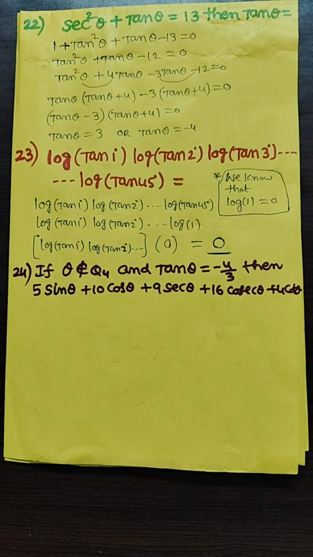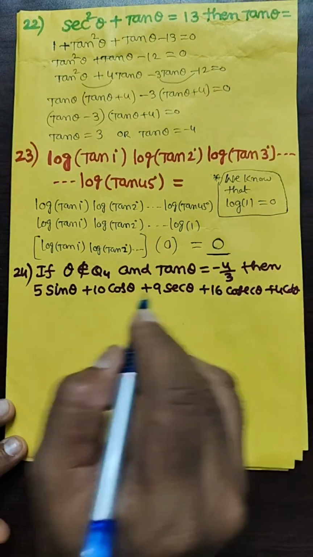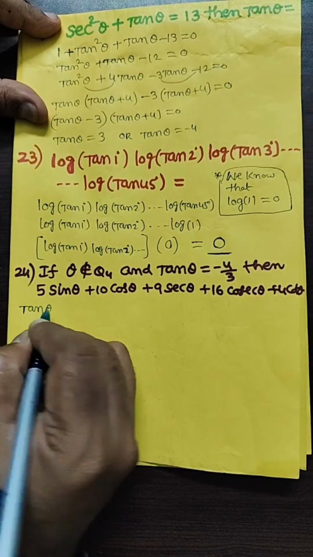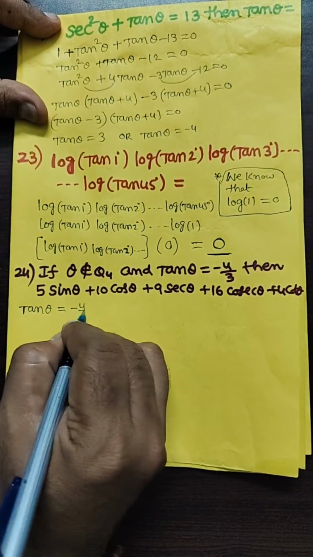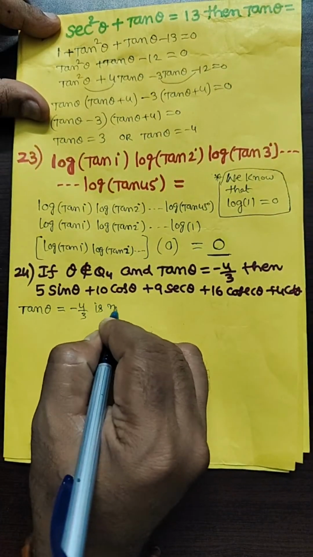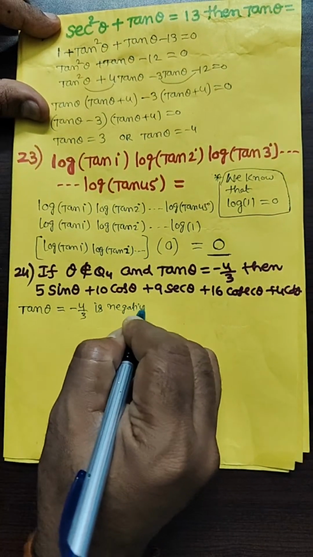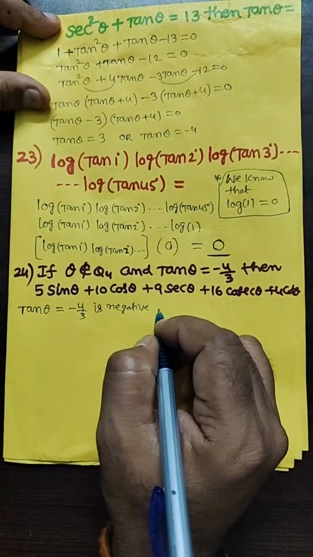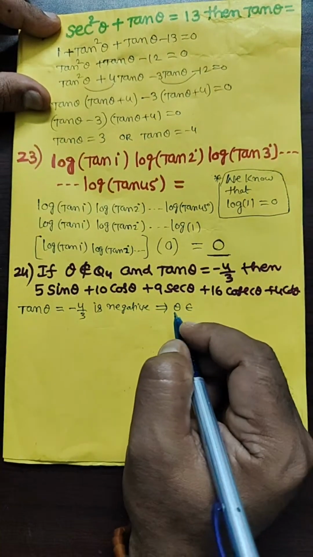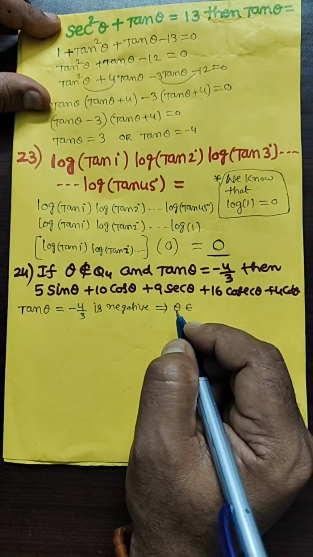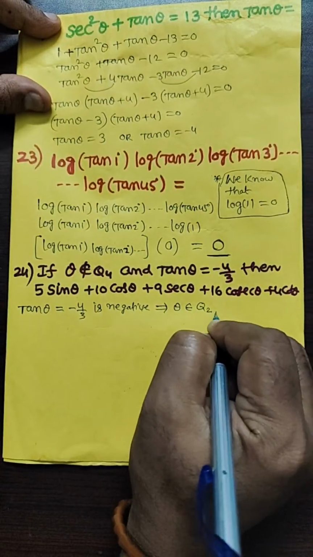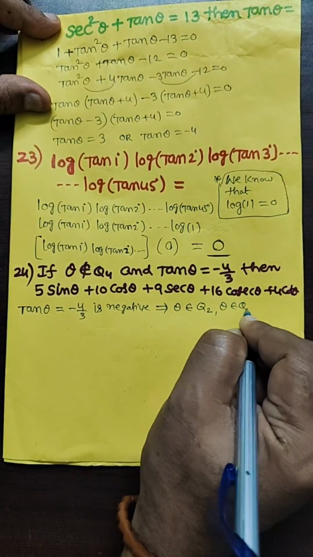One side, tan theta is negative. So tan theta equal to minus 4 by 3 is negative. Generally, tan theta is negative in the second quadrant and the fourth quadrant, and tan theta is positive in the third and first quadrants.